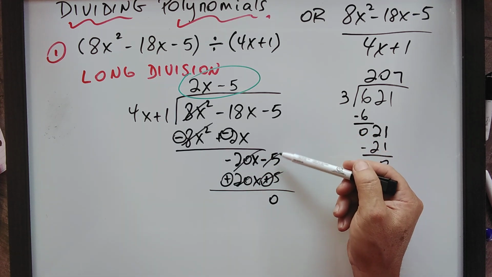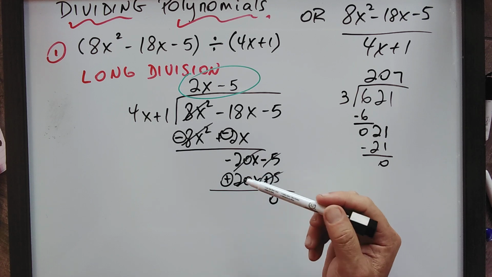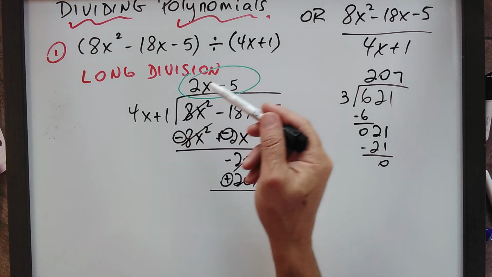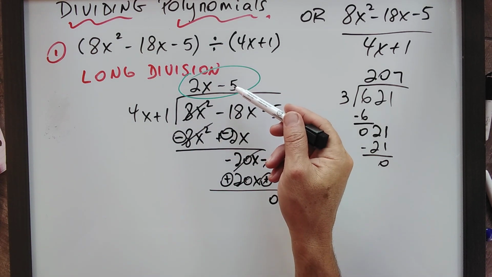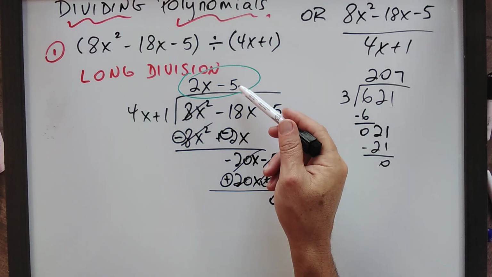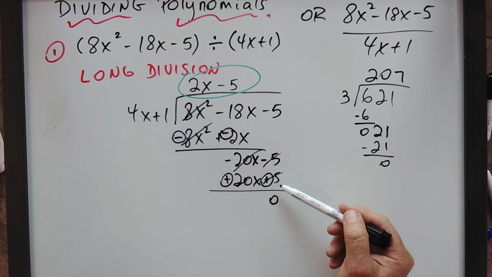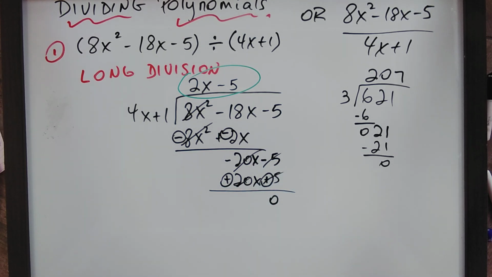Bring down the last term, and then repeat the process. Divide negative 20x by 4x, negative 5, and then multiply. Negative 5 times 4x, negative 20x. Negative 5 times 1 is negative 5, but then they both change to the opposite, which is positive, and we get a 0 remainder. That's the answer for that one.